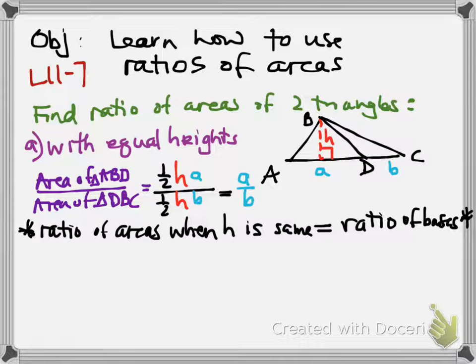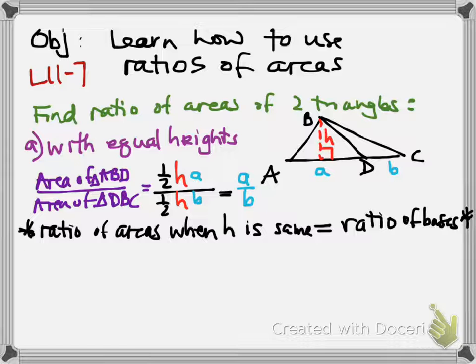Okay. And again, that's what we proved out there. So when we have equal heights of two triangles, it turns out that everything but their bases cancel out. So all we have to do is figure out what are their bases, put them in the ratio, and we've got our answer. Okay. Let's see, I think I have room to do the next one.